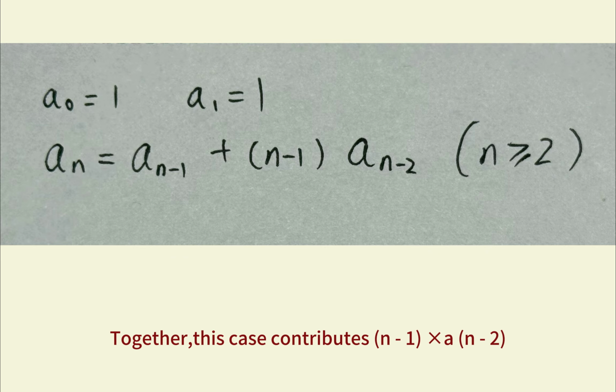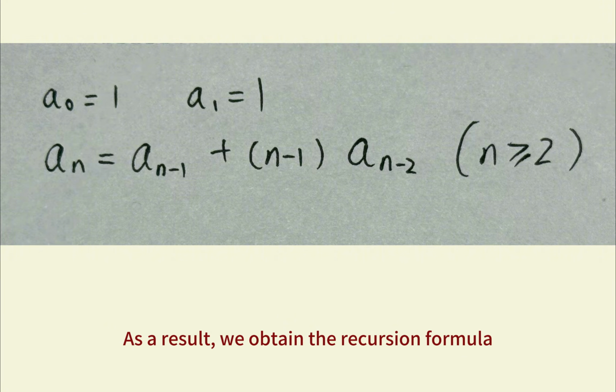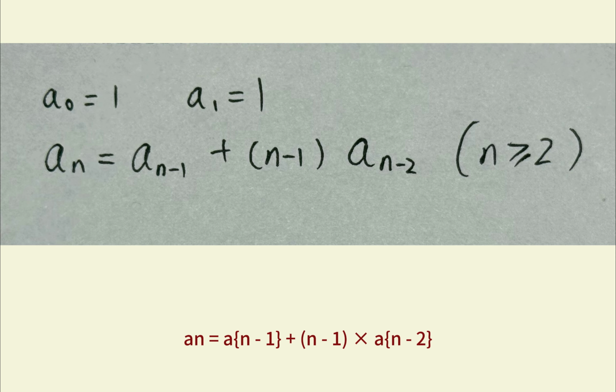This case contributes (n-1) times A(n-2). These methods avoid both duplicates and missing cases. As a result, we obtain the recursion formula: An equals A(n-1) plus (n-1) multiplied by A(n-2).